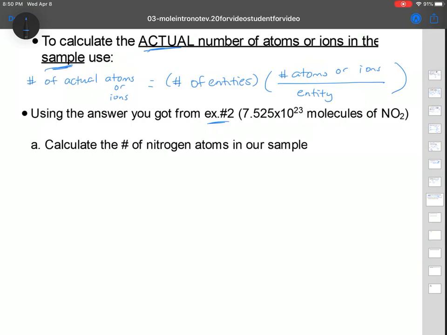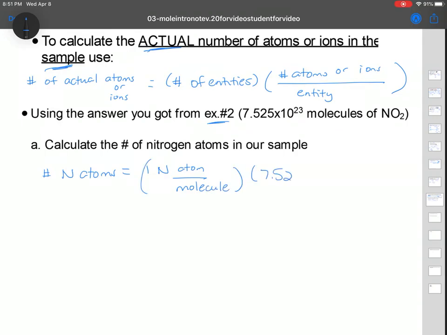We got 7.525 times 10 to the power 23 molecules of NO2. And it says calculate the number of nitrogen atoms. And it doesn't matter when you multiply which one you do first. So if in your brain you think of, okay, I have 1 nitrogen atom per molecule first, it doesn't matter. I'll do it both ways.